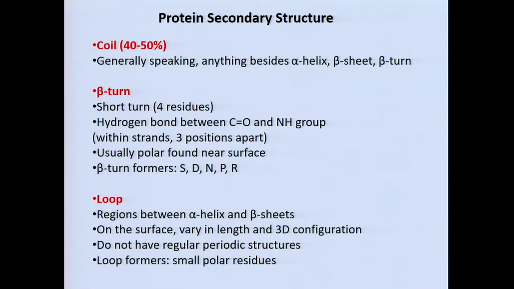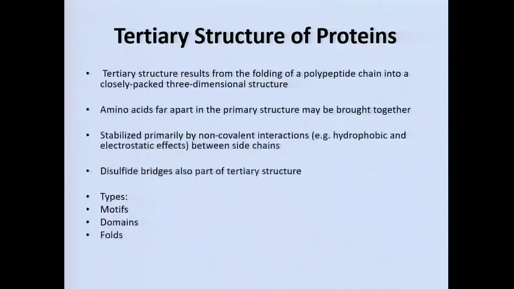So these are the amino acids which are known to be beta turn formers, and loop regions exist between alpha helices and beta sheets. They are present on the surface, and they are not regular structures. Some polar residues can form a loop region.